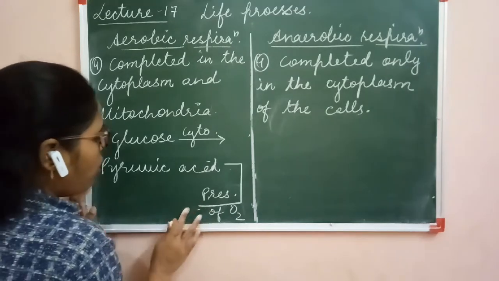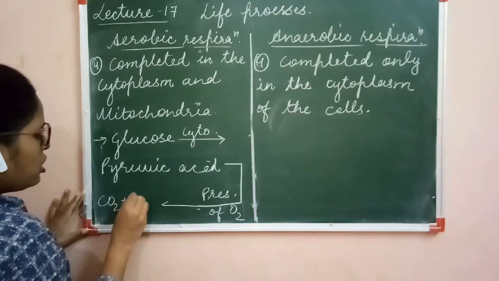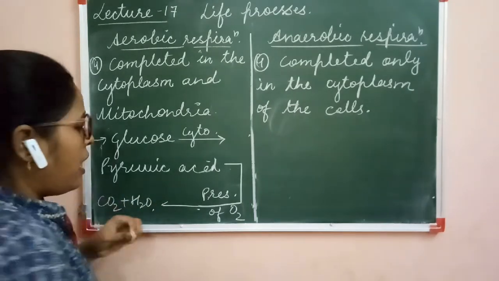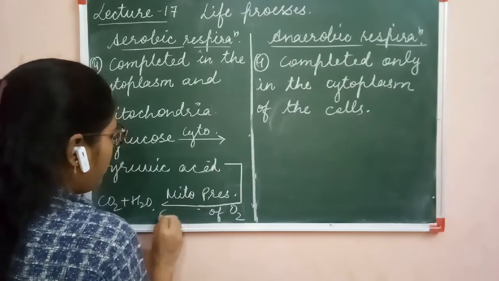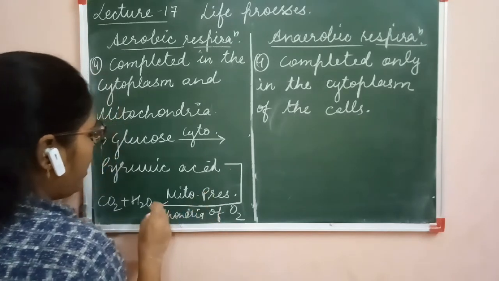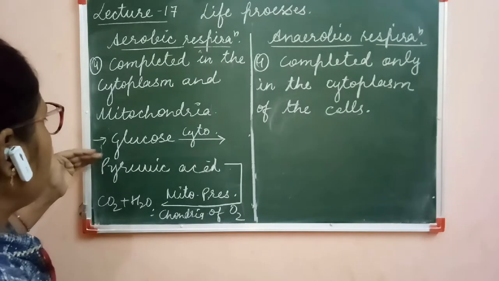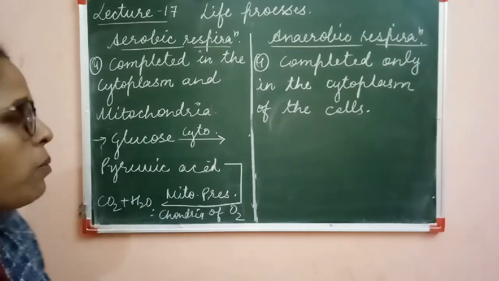The complete breakdown takes place, CO2 and water are formed, and the process is completed in the mitochondria of the cell. That's why the mitochondria is called the powerhouse of the cell.